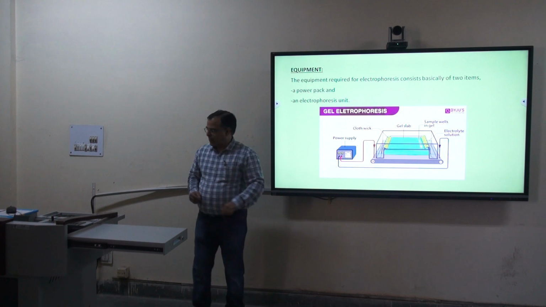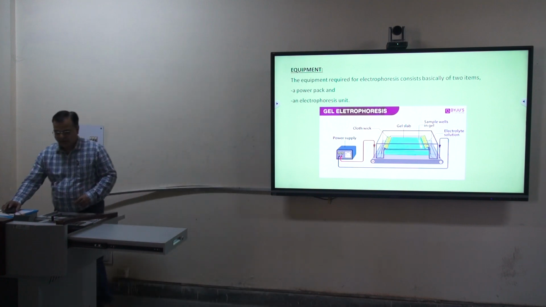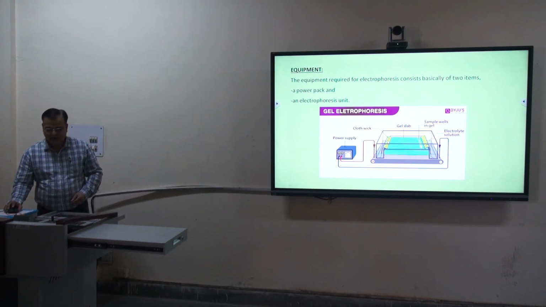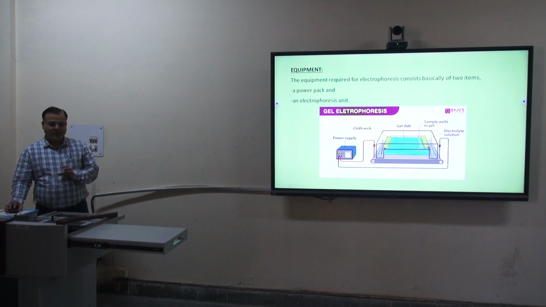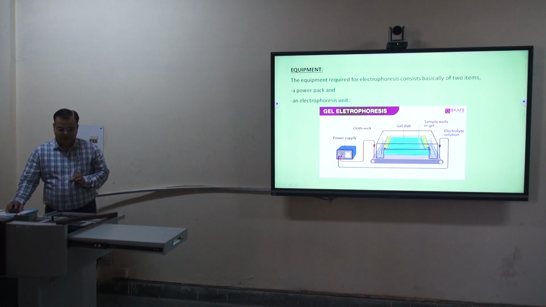As I showed in the previous slide, the charged particle is between these two electrodes, so it will move when the electric field is applied. So there are two parts: this is the power pack, and this is the electrophoresis unit.